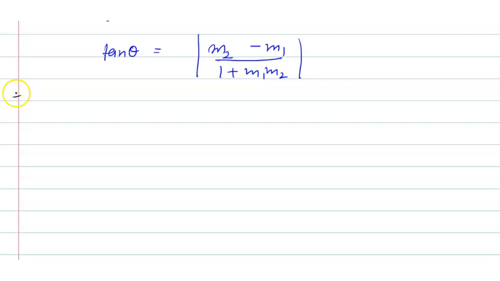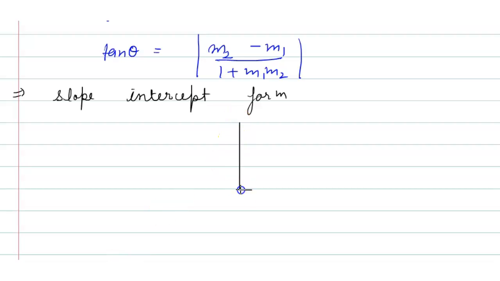Next point is the slope intercept form. So here draw a line. This is the x-axis and y-axis.